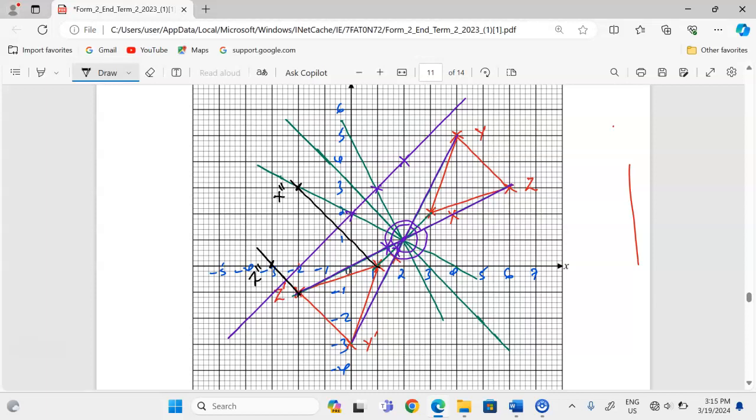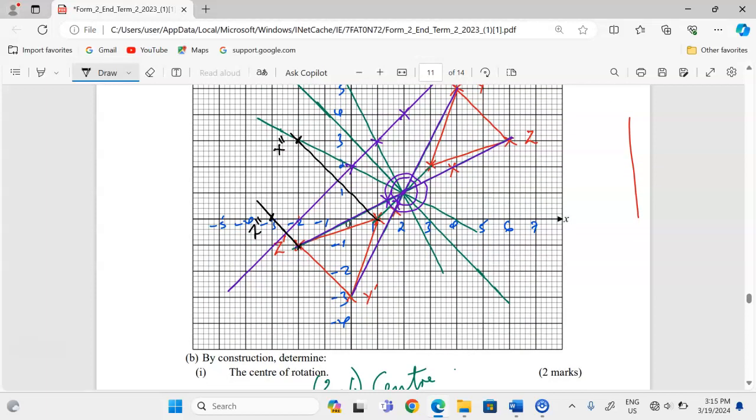We do the same for Y and Y prime. So for Y prime, I think we are moving now along the same line. So that one has been connected. So we move to the other side now.